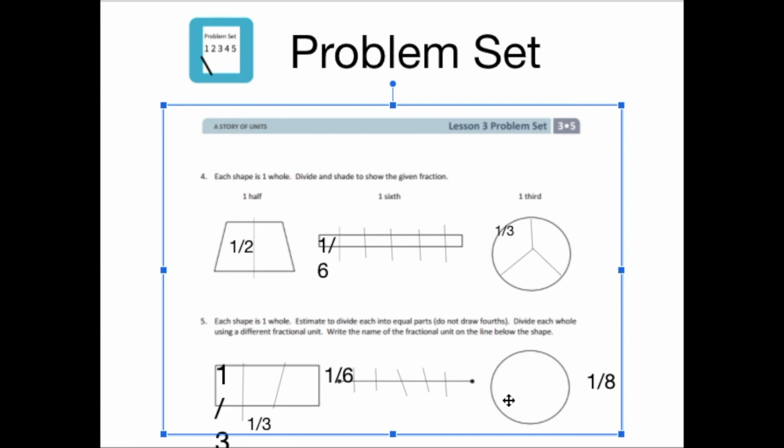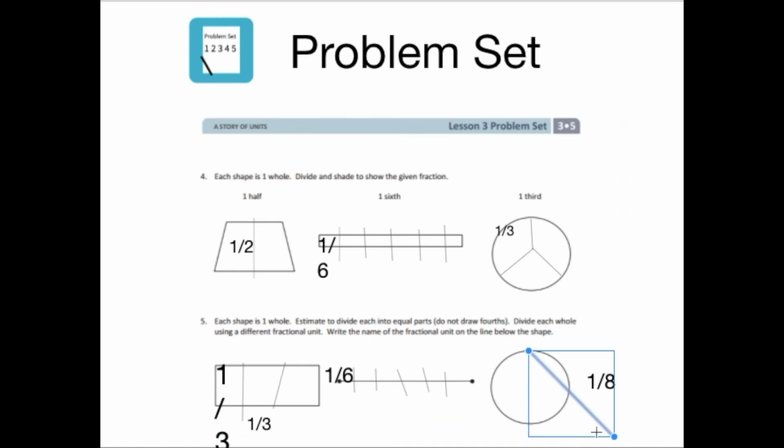Last but not least, I have my circle that I asked you guys to show me 1/8. So if I have to show 1/8, I'm going to have to split the circle up into eighths. Very similar to a pizza, I'm going to start by cutting it from one end to the next. Then I'm going to do it again.